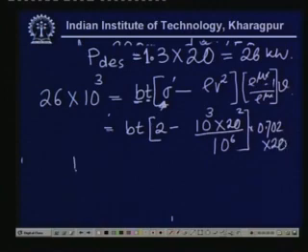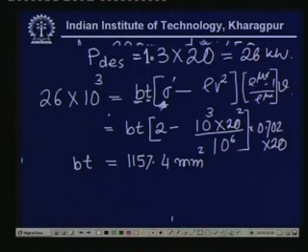So this gives you the value of BT something around 1157.4 millimeter square.